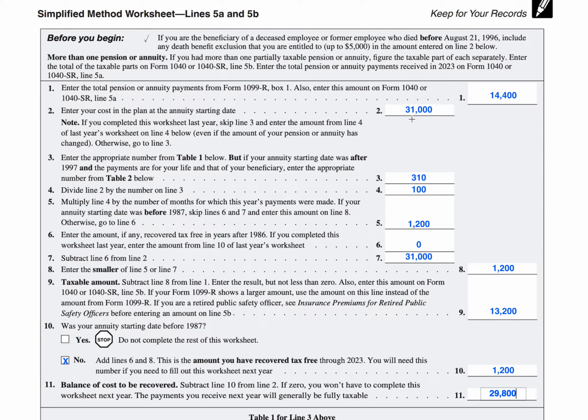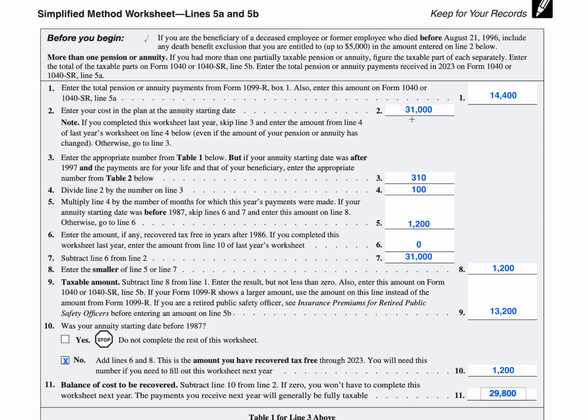The example is Bill Smith. He's age 65 and he began receiving retirement benefits under a joint and survivor annuity. His starting date is January 1st of this year, and the benefits are to be paid for the joint lives of Bill and his spouse, who is also age 65.